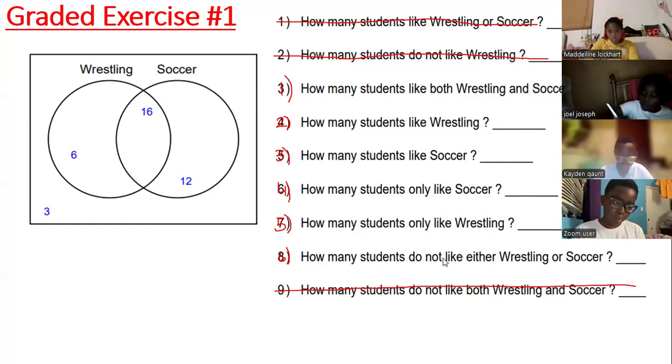All right. Go ahead and take a picture of your work and send it to me via WhatsApp, for those of you who are finished.